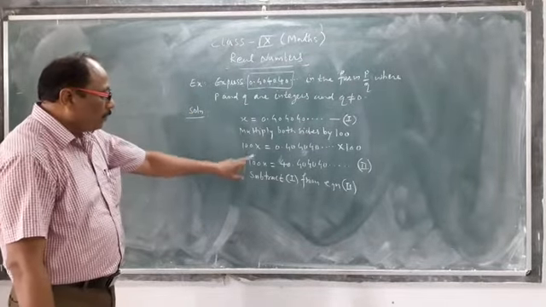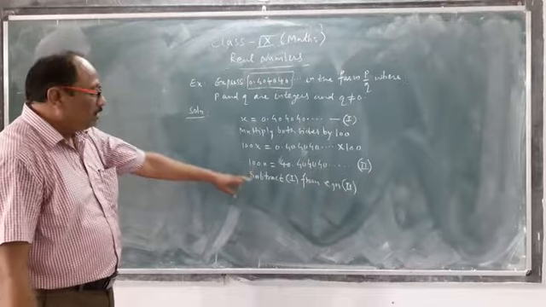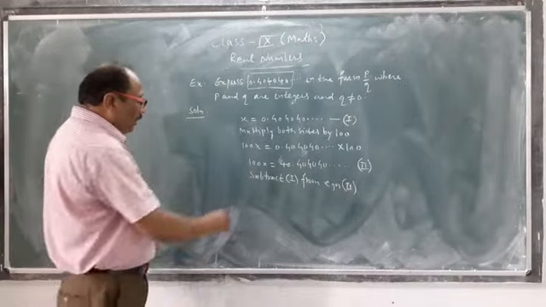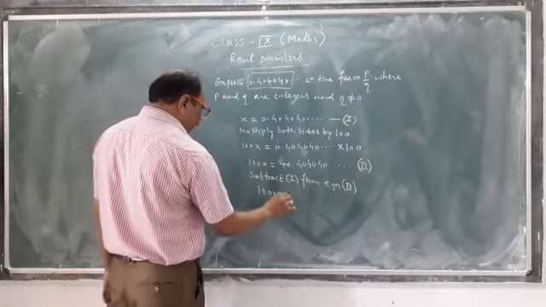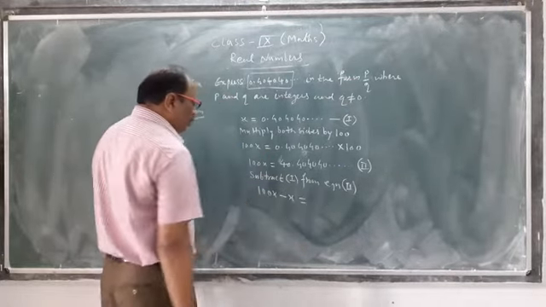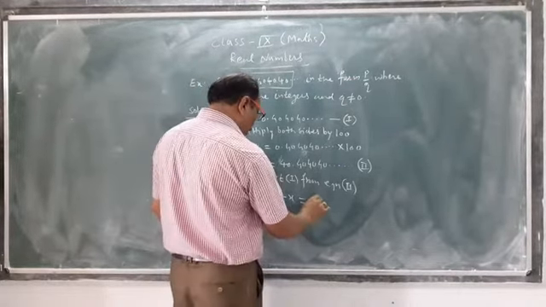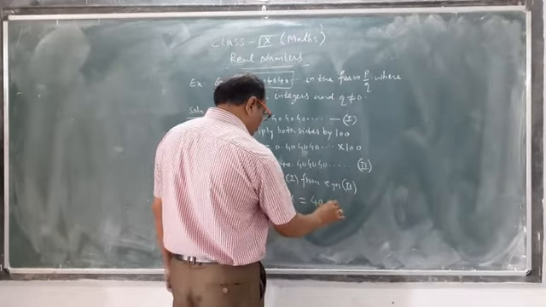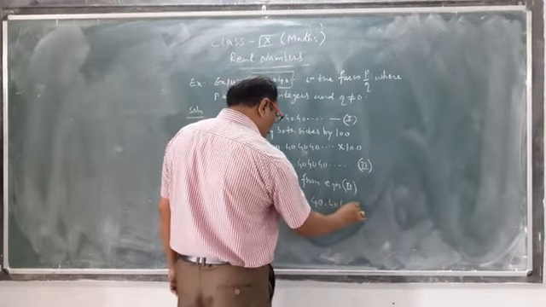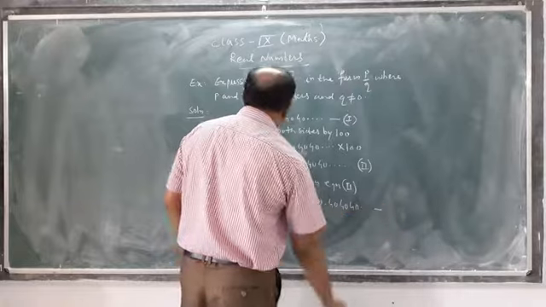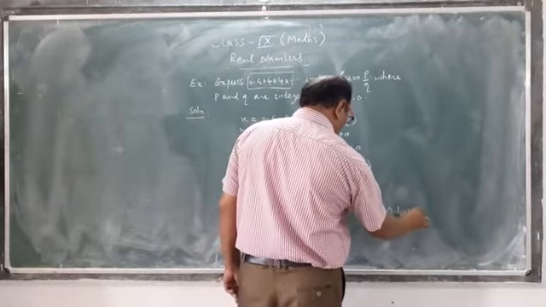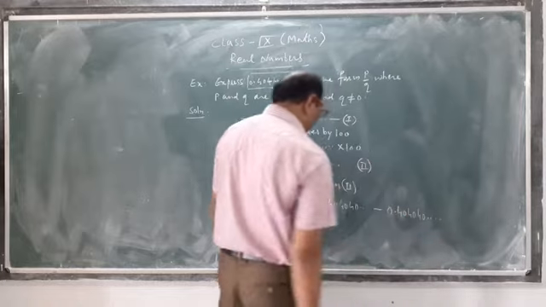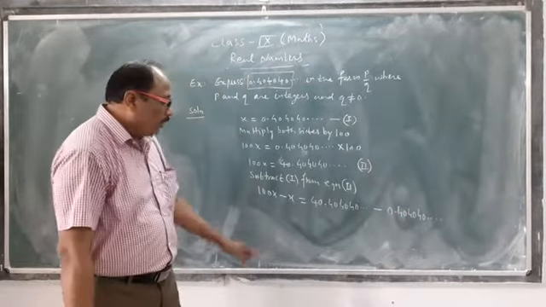What is equation 1? It is x. We have to subtract it from 100x. Means we write 100x minus x is equal to 40.4040 minus 0.4040 like this. This we have to subtract.